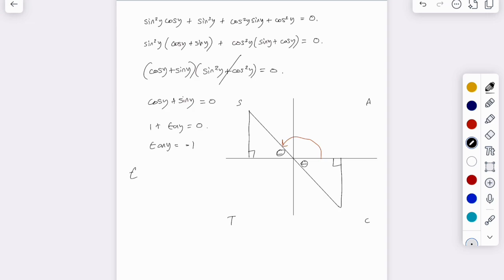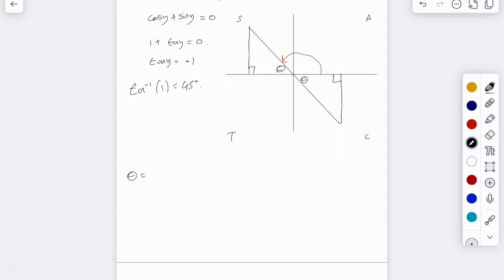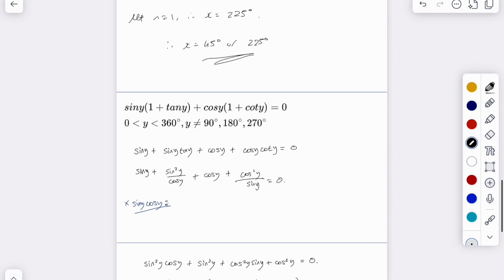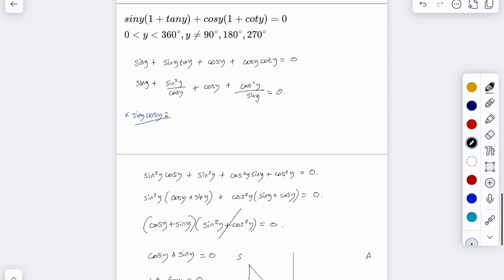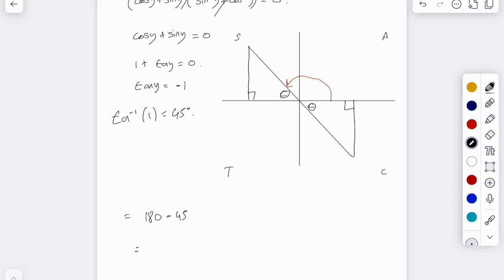So arctan of 1. Therefore, our answers are going to be 180 minus 45 degrees. Sorry, y. I don't know why I'm saying theta here.